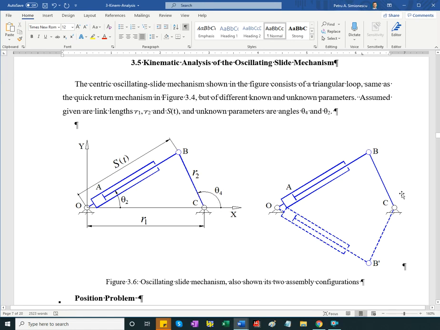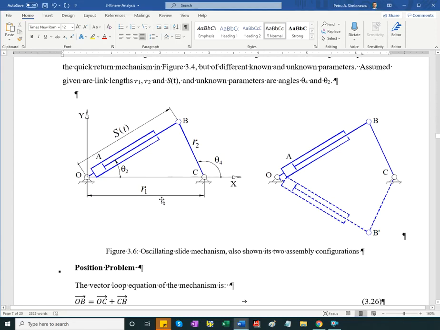The mechanism, as you can see, can be assembled two ways. So for the same length, R1 and R2 are given. For the same extension of the cylinder, I can pin this joint and assemble it above or below.